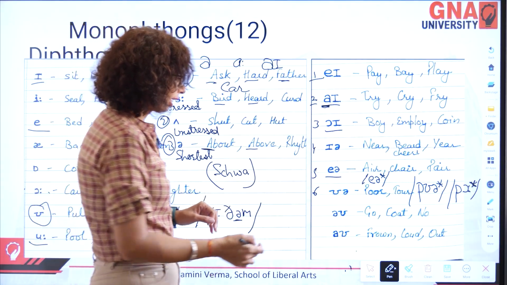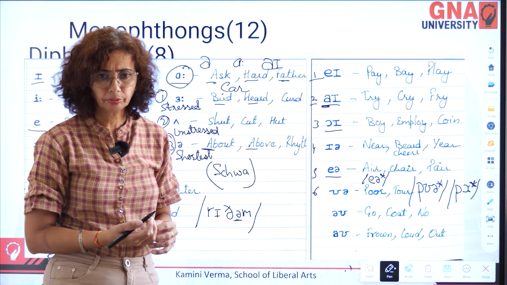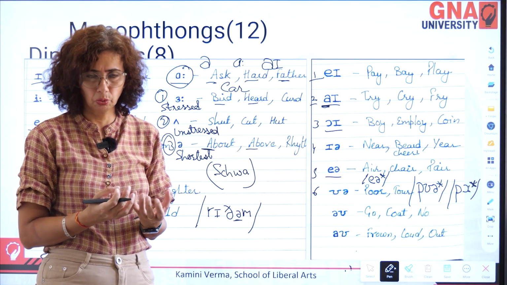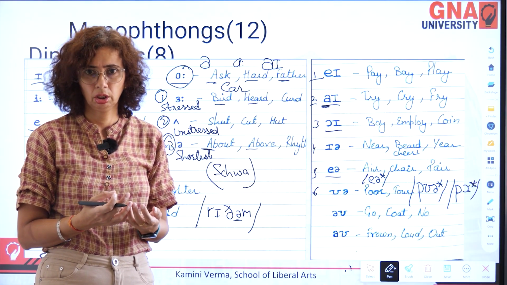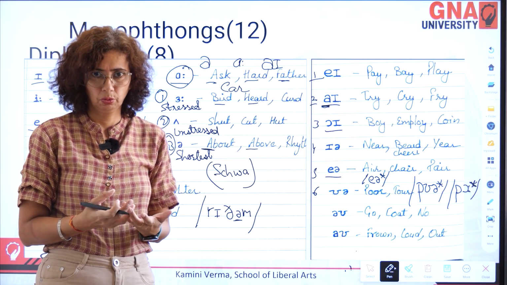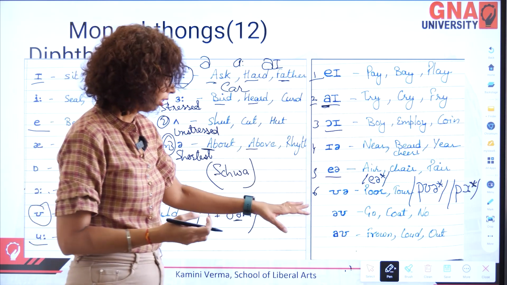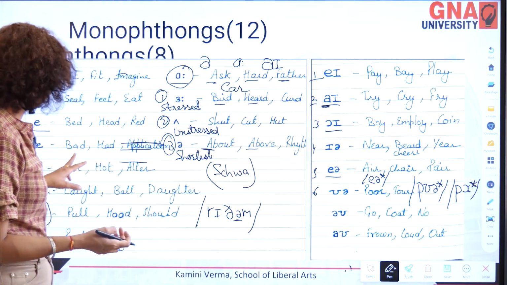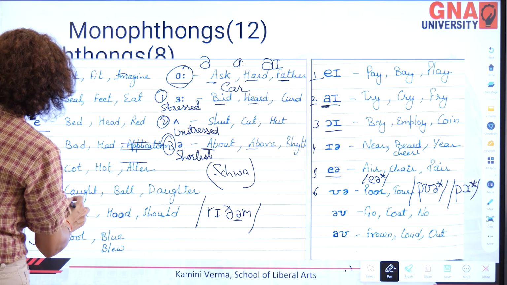So moving ahead with the next one, that is the O sound in English. O. O and O combination. For example, the word go. I want to go. Then this word, we may consider that if this is caught, this one, caught.